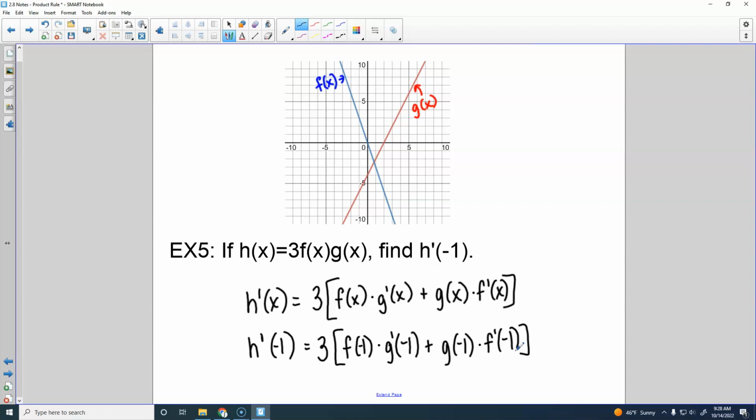Now, I know that some of you dislike writing down both of those steps right there. On free response, I feel like we're the safest if we show h prime of x. We also show the next step where we plug in the negative 1 like this.